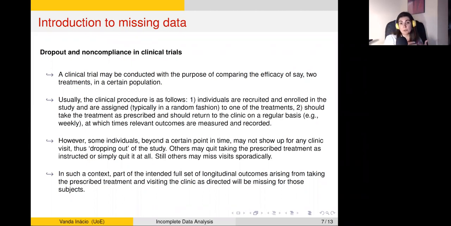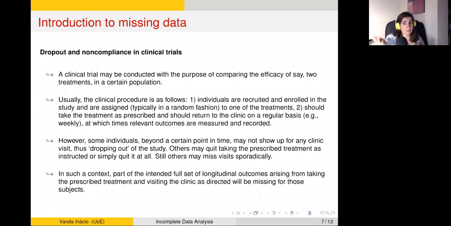And then they should take the treatment or the drug for controlling blood pressure in our example as prescribed, and they should come back to the hospital on a regular basis. And this can be on a weekly or monthly basis. It depends on the study, and every time they come back to the hospital, the relevant outcomes are measured and recorded.